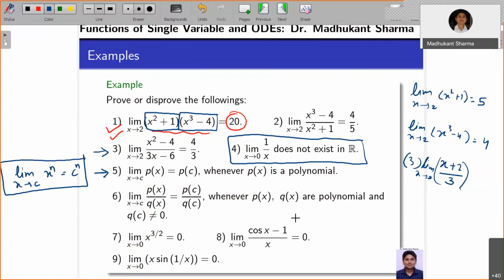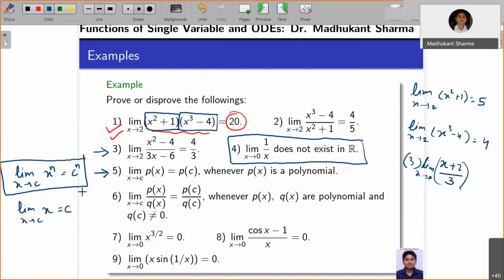You can show that by using the algebra of limits, because you know that the limit as x tends to c of x is c. Now you can write x to the power n as x into x into x, n times. Once you show limit x tends to c of x is c, that is very easy to show.